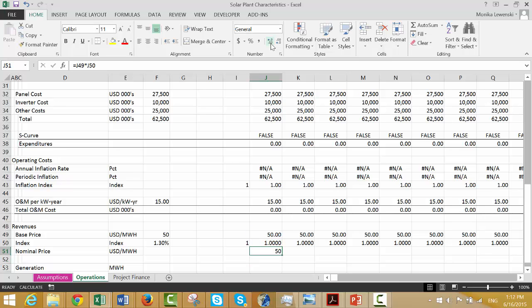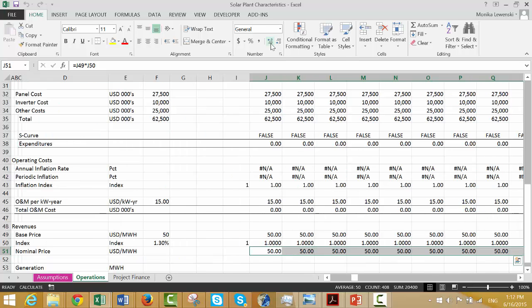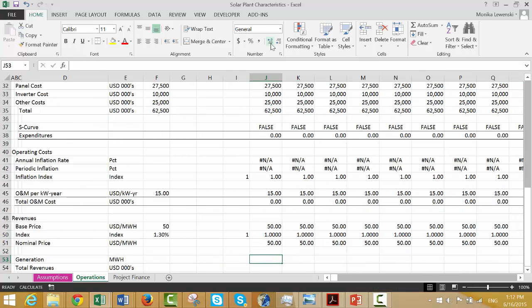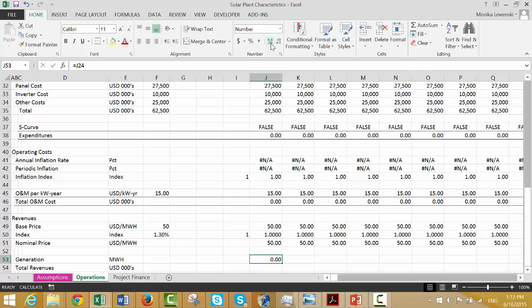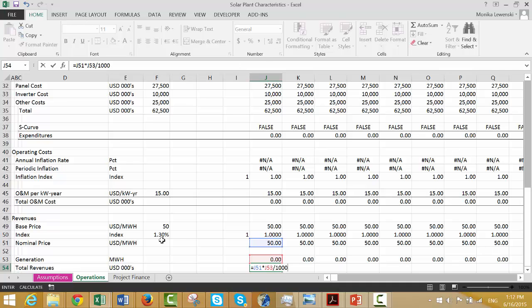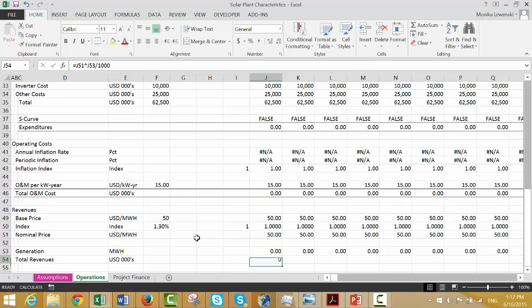Multiply this, of course. Shift Control R, Shift Control 1, and then we can get our generation from up here. Generation after degradation, and we take this, multiply it by the generation, and then we have to divide it by 1,000 because we put it in thousands.